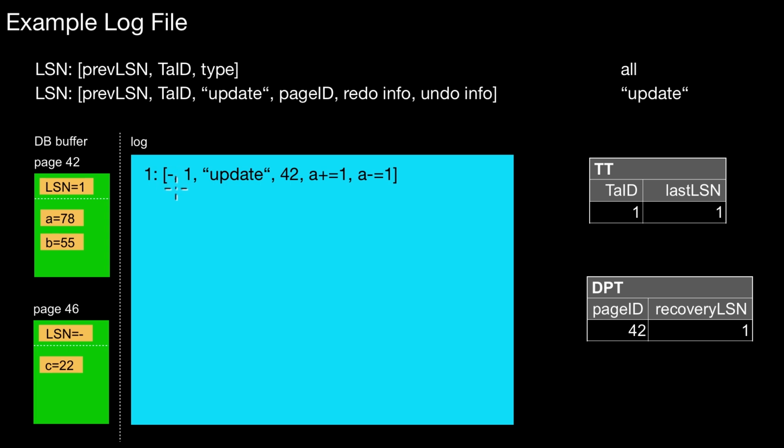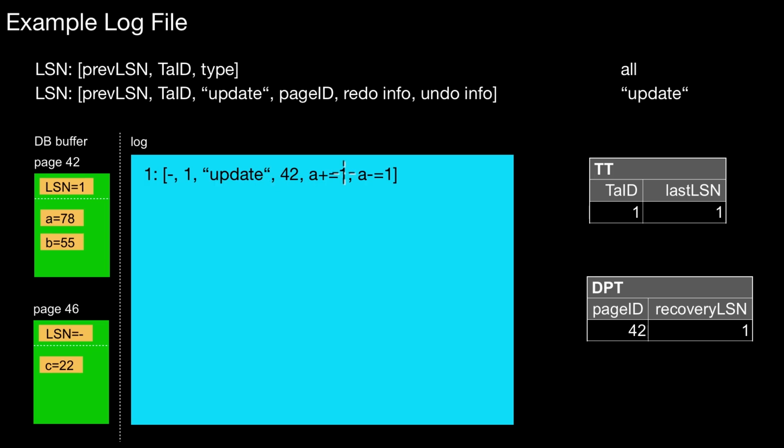That is what the dash reflects. So this is the first log record written out by transaction number 1. It's an update log record. It affects page 42. And the redo information says, on a logical level, so this is physiological redo information, that A is increased by 1. Undo does the inverse. It decreases A by 1. So those are physiological log records.